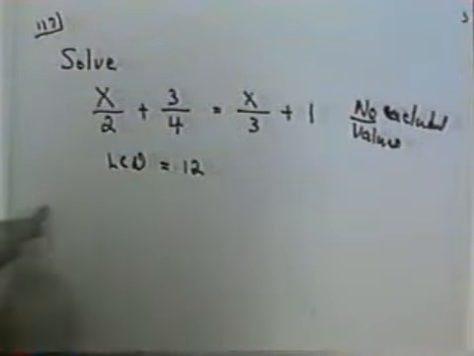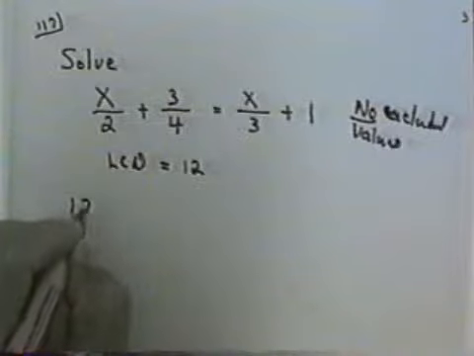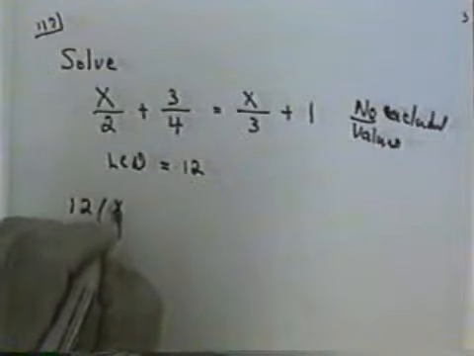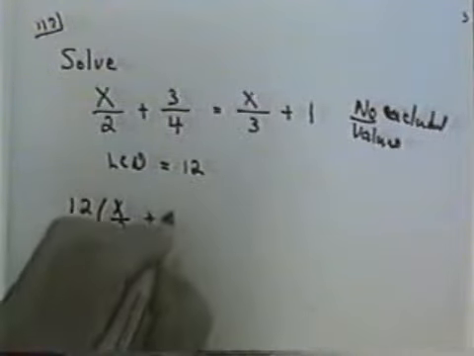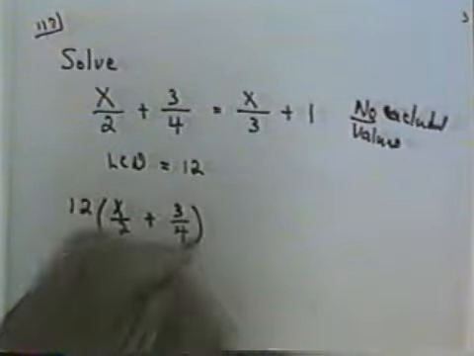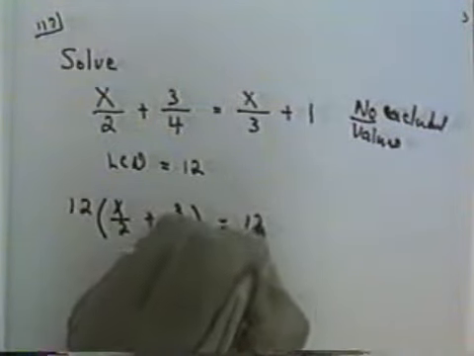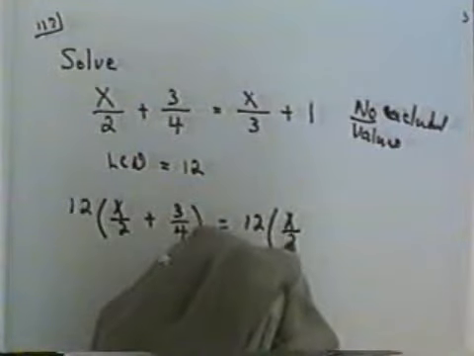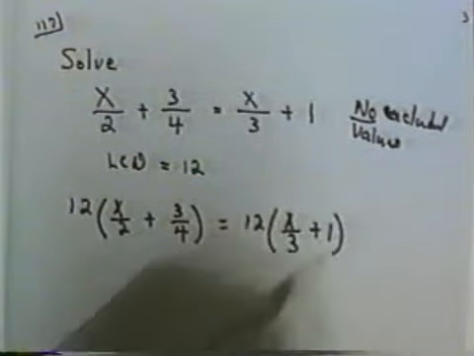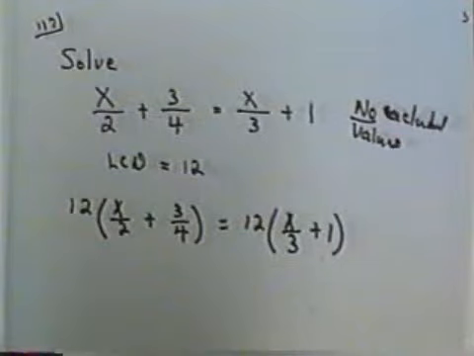So I need to multiply both members by 12. 12 times x over 2 plus 3 over 4 is equal to 12 times x over 3 plus 1. So I multiplied both members by the least common denominator, which is 12. Now that's the whole key to solving fractional equations. That is to multiply both members by the least common denominator.